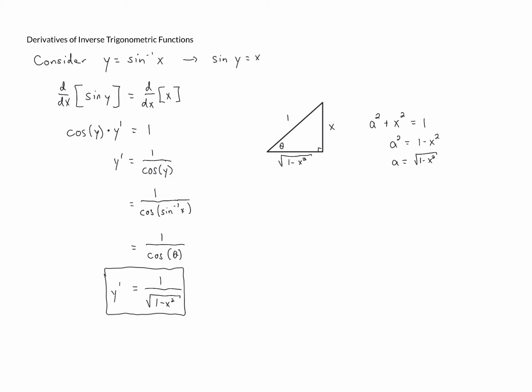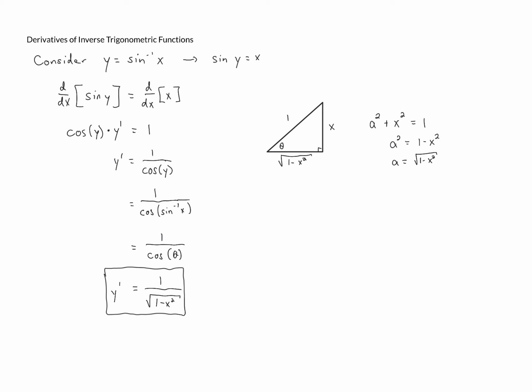And that is different from what we've seen before. And the reason for that is because the Pythagorean theorem allows us to take trigonometric ideas and express them with an algebraic relationship.